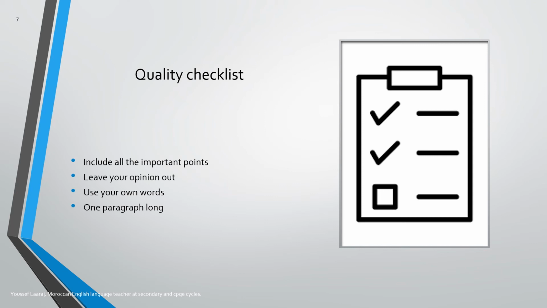So make sure that you end the lines. If you don't complete the lines and you go back to a new line, it will be counted as a new paragraph, and it is considered a serious mistake that can undermine the quality of your work. Make sure also that there are no examples and details.